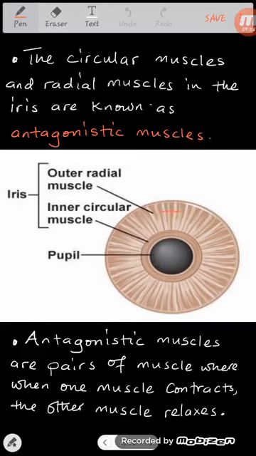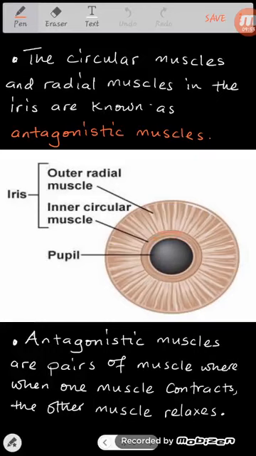So when you're looking at the iris that is found in the eye, you're going to see these muscles on the outside, these longitudinal muscles. We call these outer muscles the radial muscles. Then after you leave the radial muscles, you have the other type of muscles that is closer to the pupil.